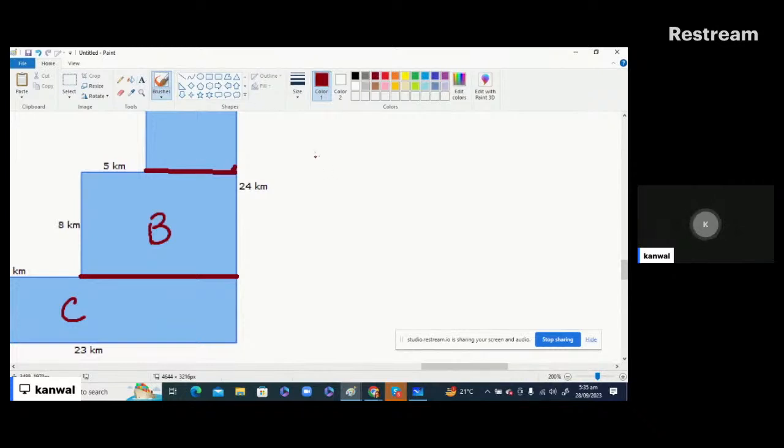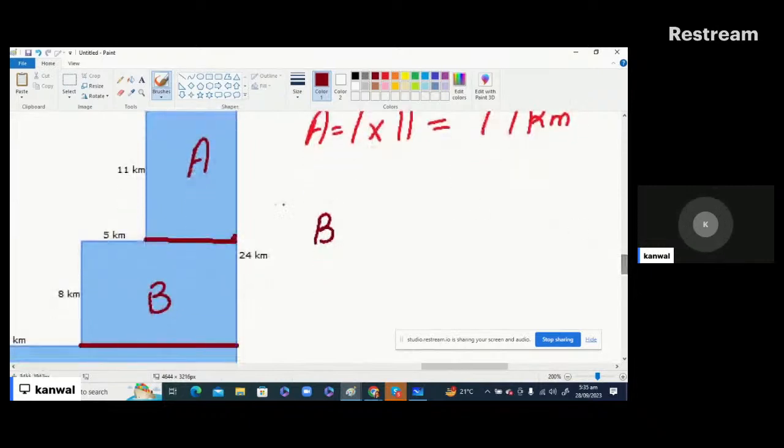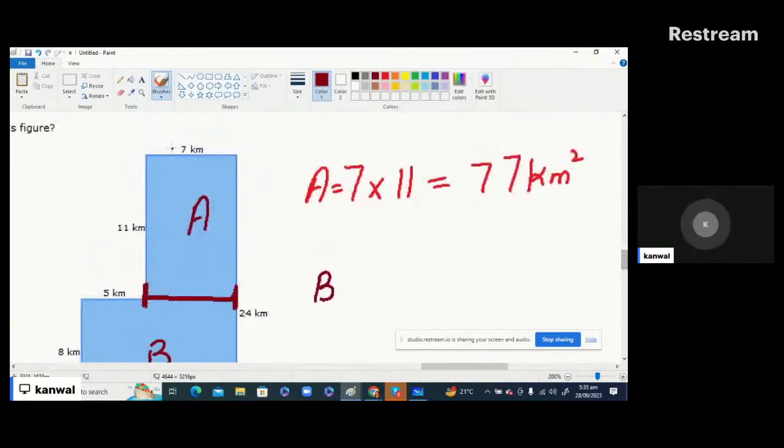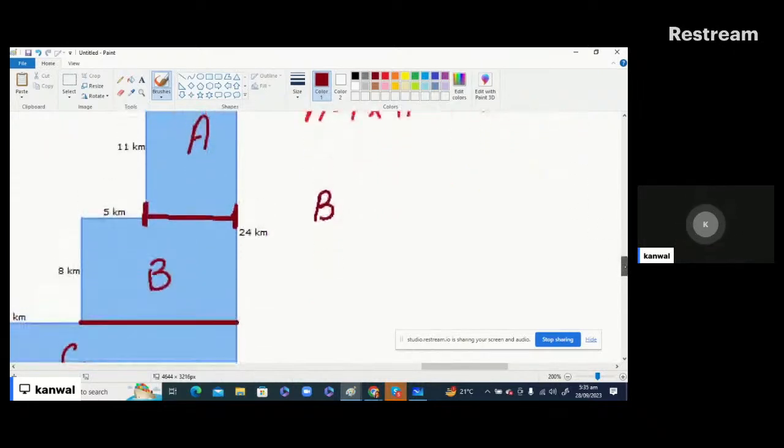Now look at the B. Width is given, but their base, look at here, base. This is 5 and we don't know the value from here. So what we do? This value is given 7. So first we add 7 with 5. 7 plus 5 is 12. So their total width is 12. Okay.